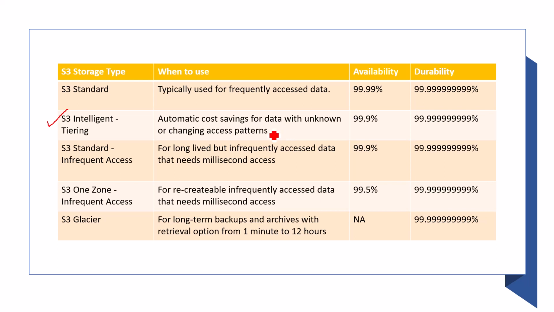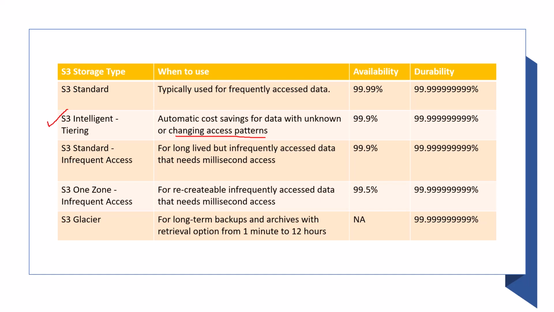You need not set the S3 life cycle to save the cost, because it works by knowing the access pattern, and then moves objects from S3 Standard to S3 Infrequent Access. So make sure you have a good idea about S3 Intelligent Tiering, and if a question comes like, without managing the S3 life cycle, how can you save the cost, then just go for the S3 Intelligent Tiering option.